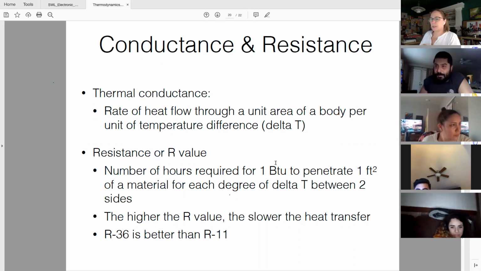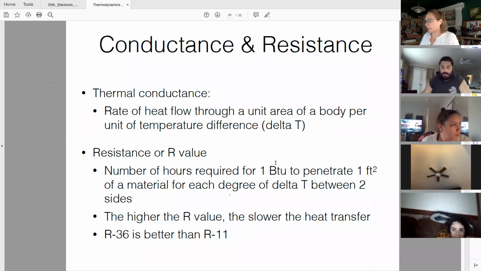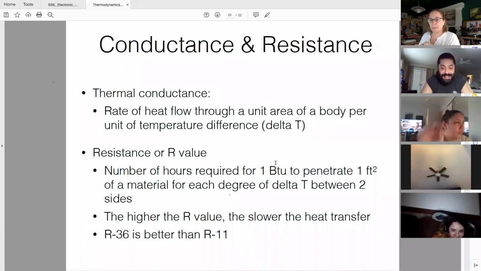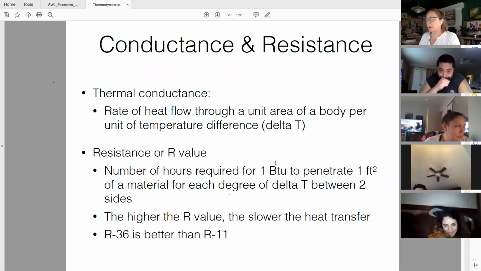The opposite of conductance is resistance, which we measure and call R value. And that is the resistance to the heat transfer through a material. I'm sure you're all familiar with different insulation values, like if you were to go buy batt insulation at Home Depot or Lowe's, and we talked about fiberglass insulation and rigid insulation the other day when we were talking about heat transfer.